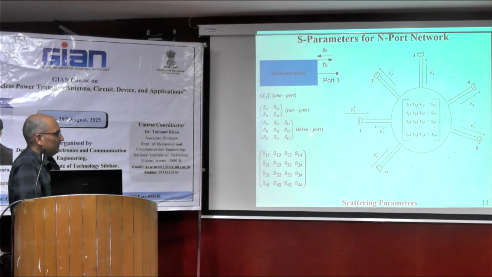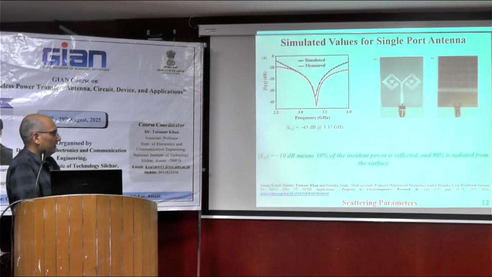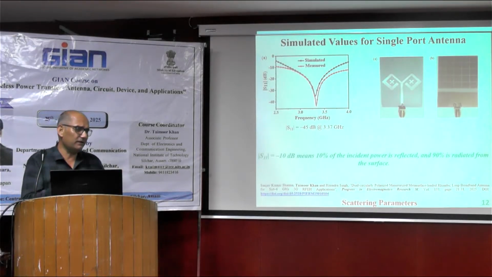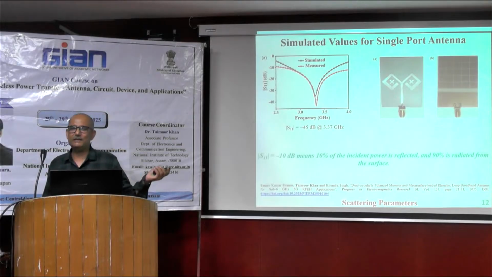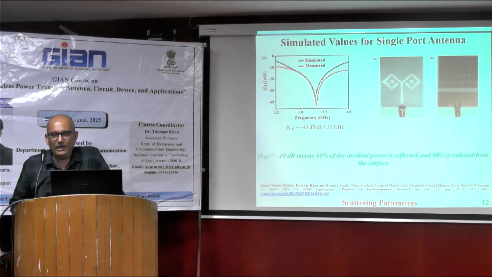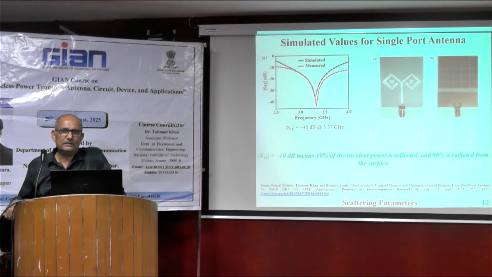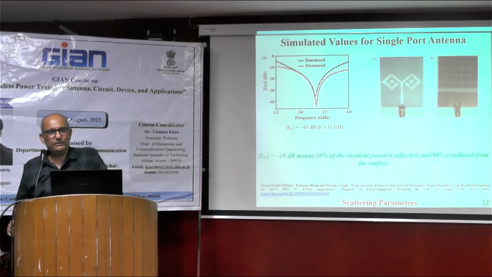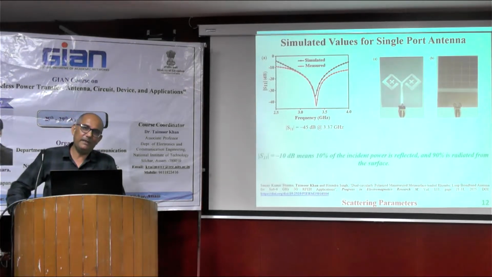Similarly, if there are three ports, then S11, S12, S13, and so on; this will be four port. You have seen antennas as an element of larger systems. The same S parameter concept is applicable there, because the S parameter concept for antennas, in application X, Y or Z, is not going to change. It will remain as it is.